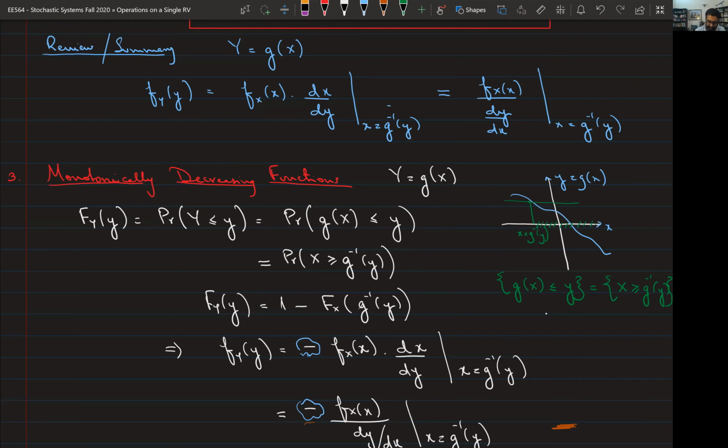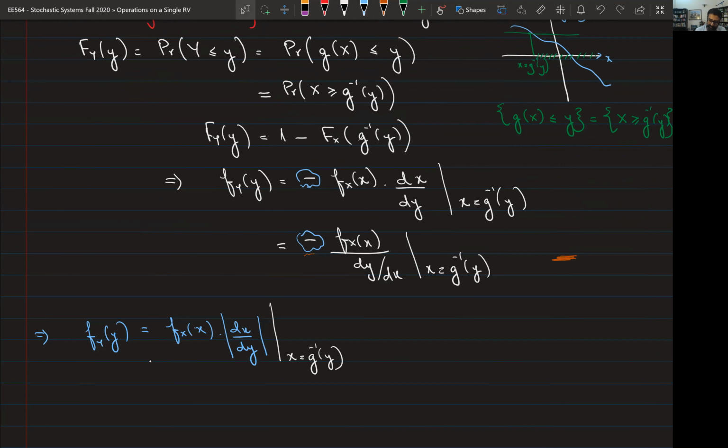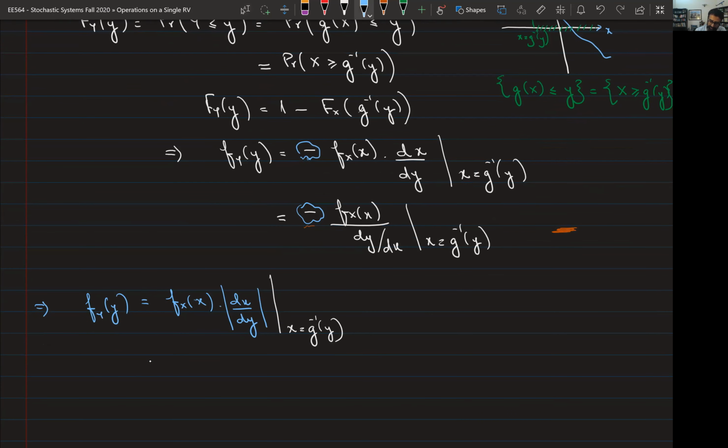All right. And this is equal to fX of x divided by the modulus of dy by dx, and this needs to be evaluated at x equals g inverse of y.